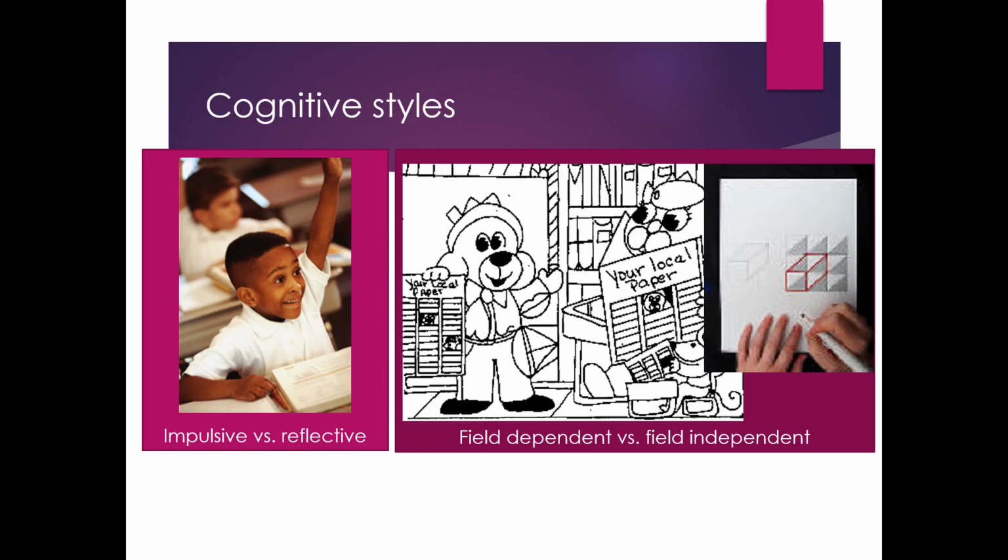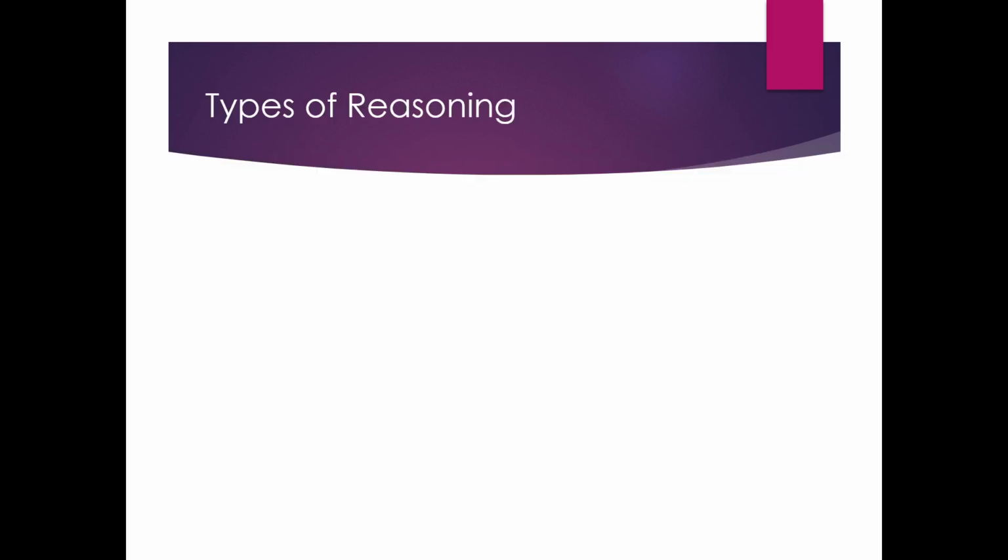They're so busy noticing that it's a forest and what that means and how that looks and whatever that is, that they don't even really pay attention to the elements. So that's a simple old saying, not being able to see the forest for the trees. That does kind of line up with these two cognitive styles.